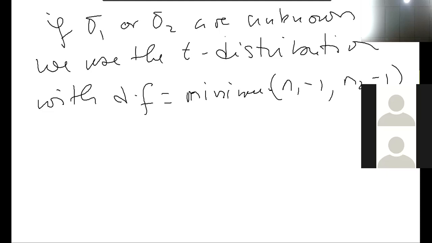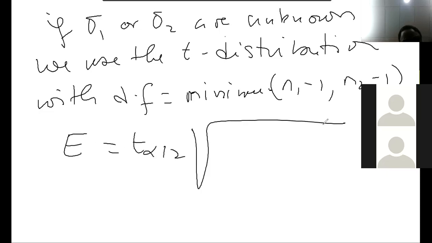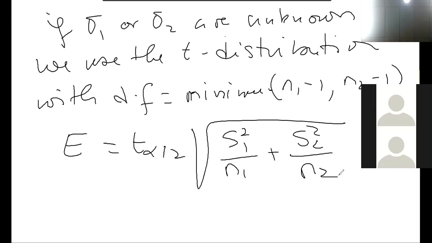But this degree of freedom is useful when you are using the table at the back. So the margin of error E is T alpha over 2 times the square root of S1 squared over N1 plus S2 squared over N2. So let's look at an example here.